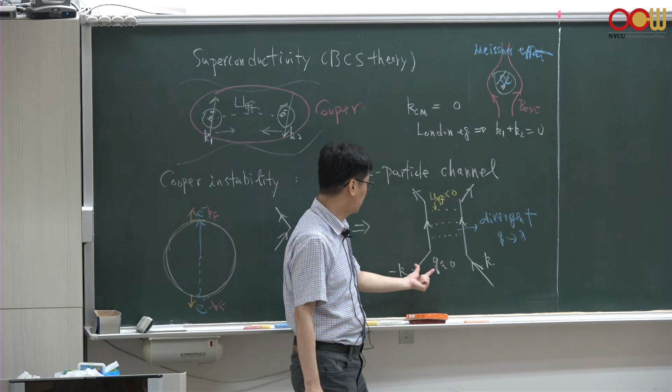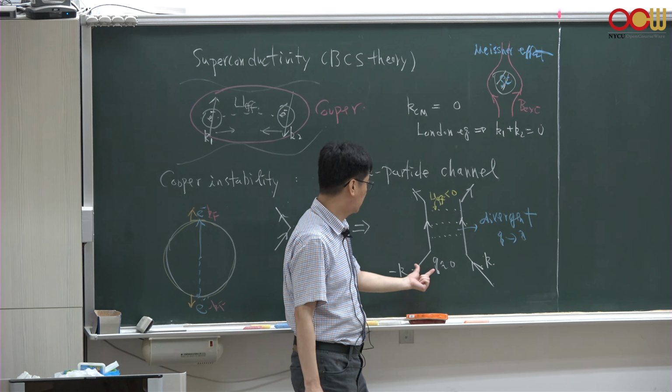So you can imagine that there is a momentum transfer between the plus k electron and the minus k electron, a slight momentum transfer, but it is really, really tiny. Of course, we can consider large momentum transfer diagrams, but they won't contribute a singular divergence.